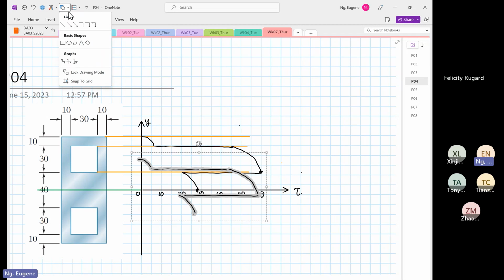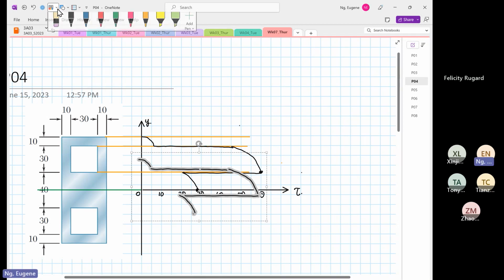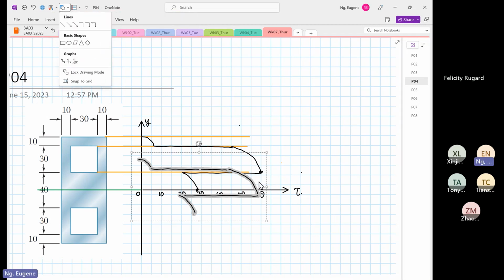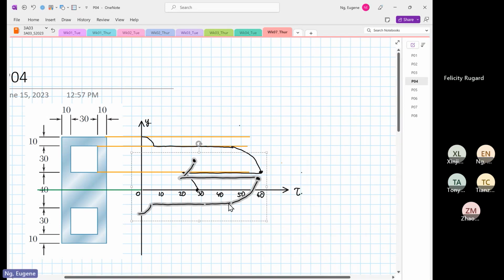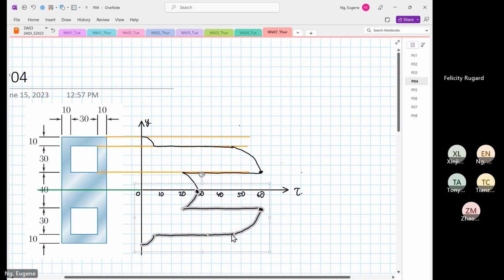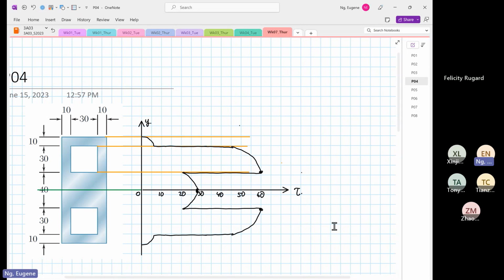I'm going to rotate, flip vertical. So this is how the shear stress distribution will look. It looks like a rabbit. This is how the shear stress distribution will look, just a sketch.